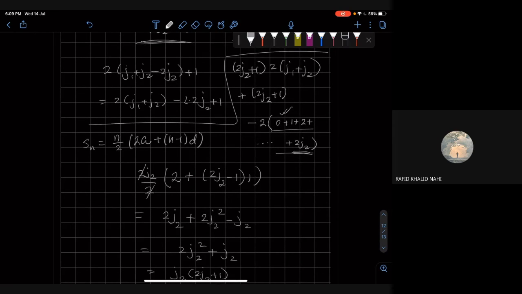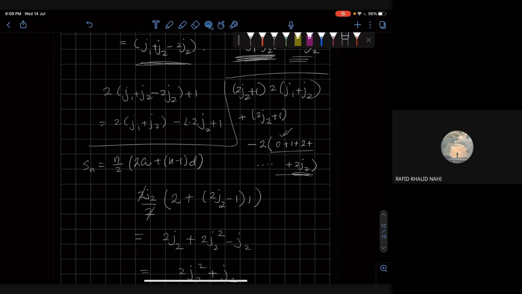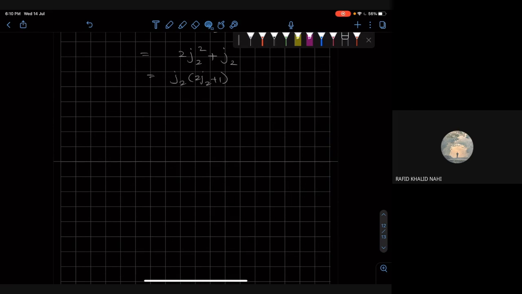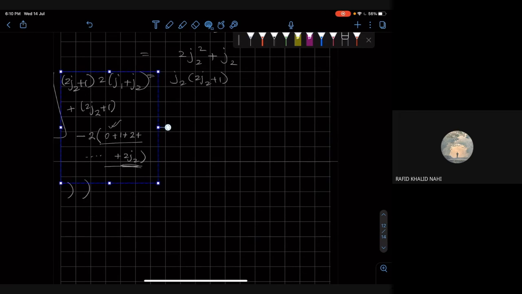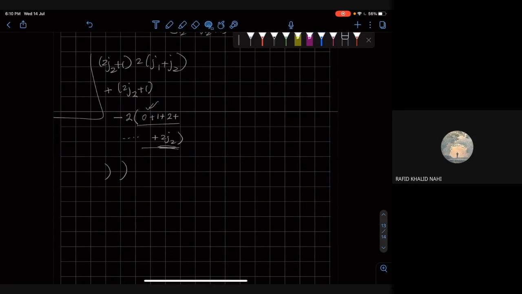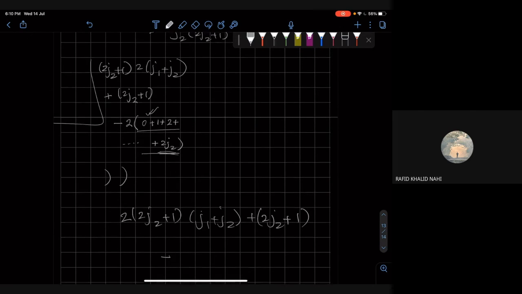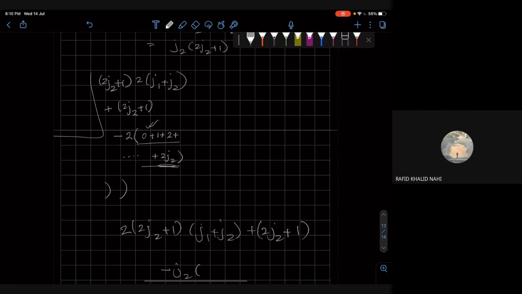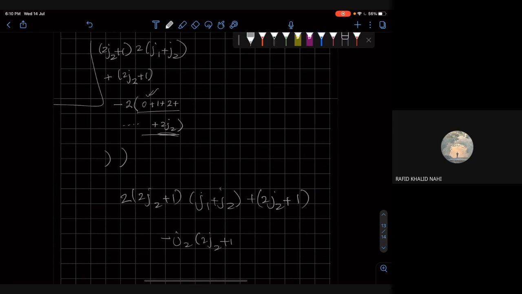We are going to add everything up, and I have a bad feeling that this is not going to work out, but that's fine. So this is going to be 2j2 plus 1, with a factor of 2, j1 plus j2 plus 2j2 plus 1, and then minus j2 times 2j2 plus 1, right?